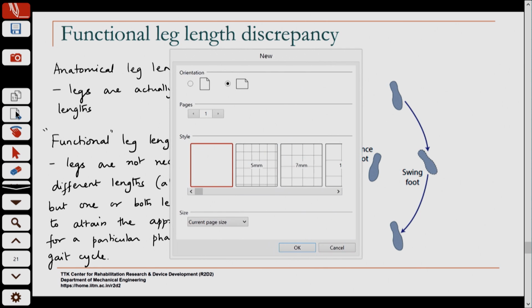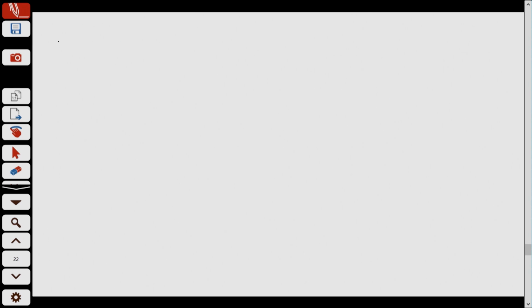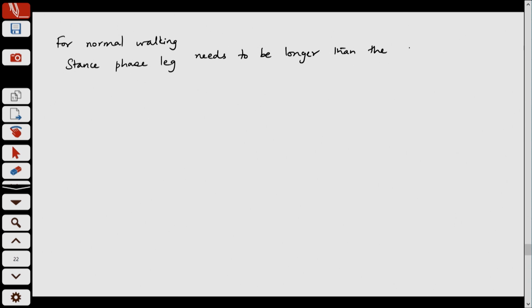So, if you look at natural walking, then for normal walking the stance leg needs to be longer than the swing leg. So, this is necessary. So, the swing phase leg has to shorten, but the stance phase leg also, the knee extension is a means of lengthening.